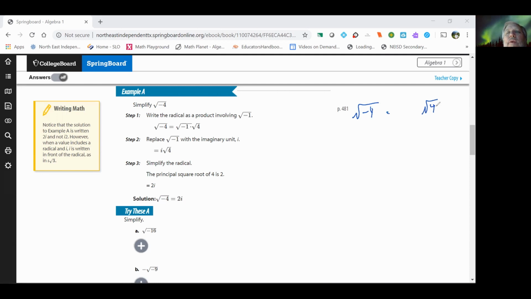In order to get negative 4, I have to multiply that times a negative 1. So negative 1 times positive 4 is negative 4. Well, the square root of 4 is 2. And we know now that the value that we write for the square root of negative 1 is i. So the answer here is 2i.